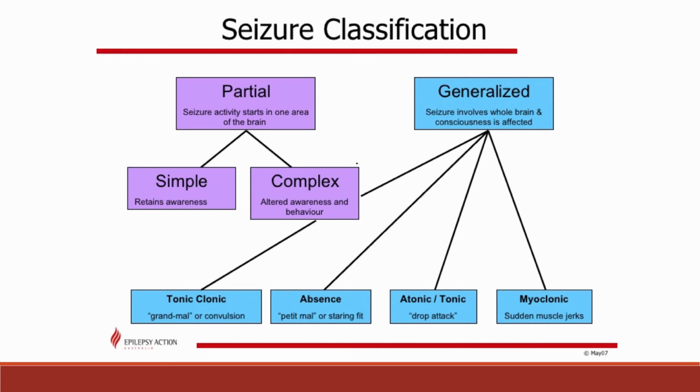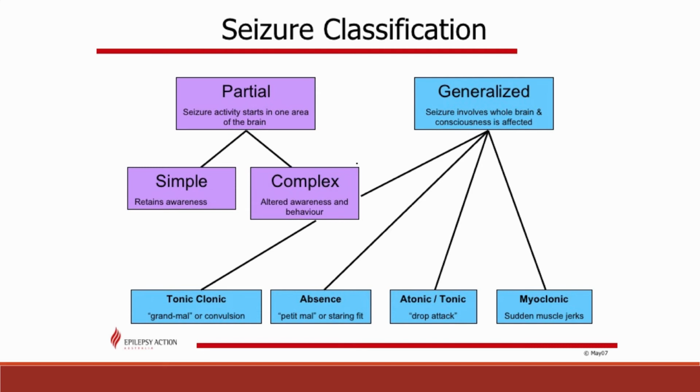So we have different classifications for seizures. We have the two main classifications as partial and generalized. So generalized seizures tend to be that grand mal kind, or you can have absent seizures, which are like petit mal or staring. They just get these staring fits where they can't focus on anything else.